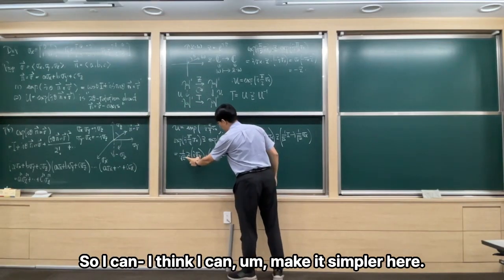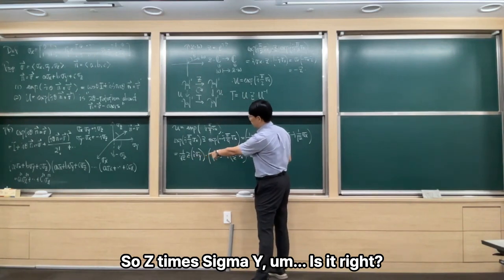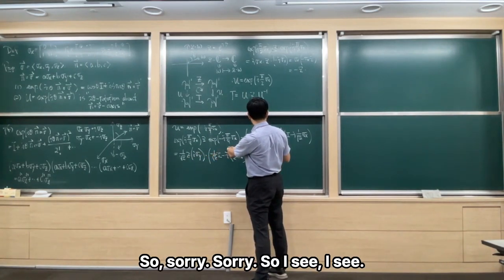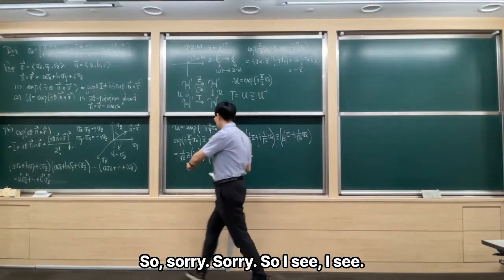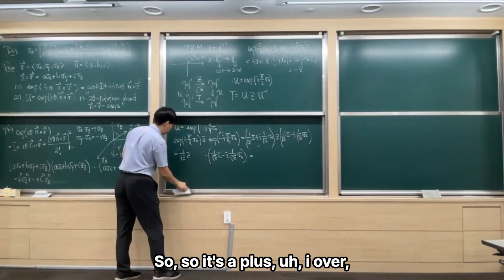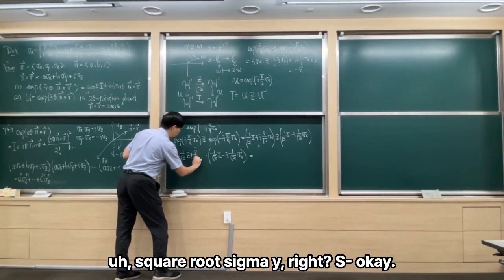So I think I can make it simpler here. So Z times sigma y, is it right? Sorry. So it's not times, it's plus, right? So it's a plus i over square root 2 sigma y, right?